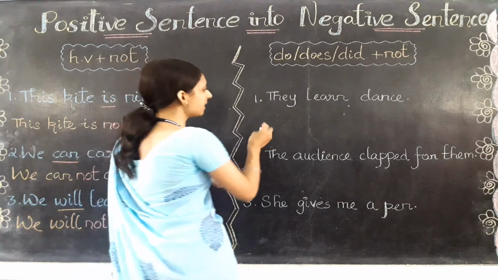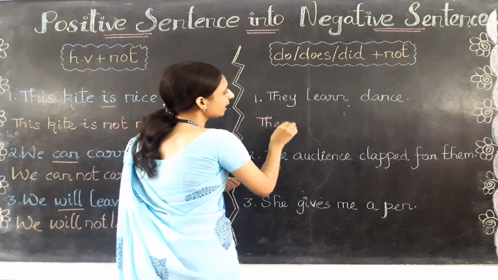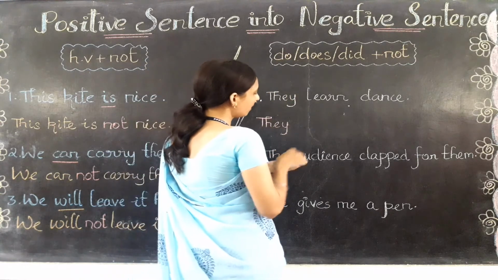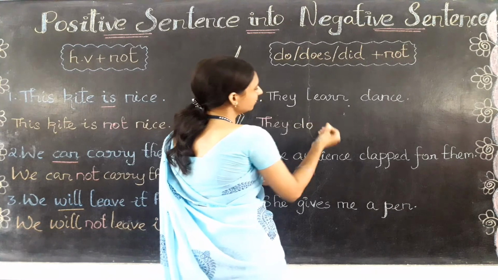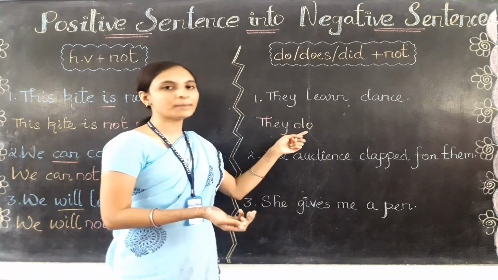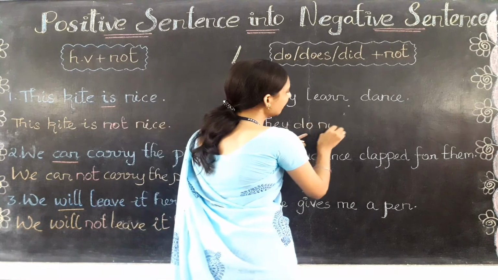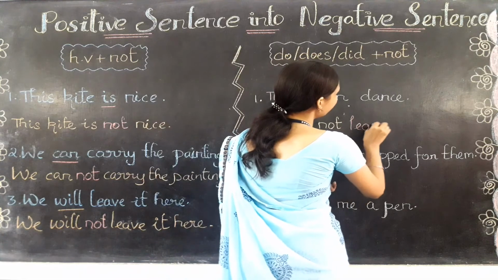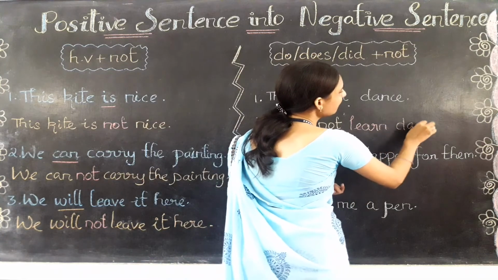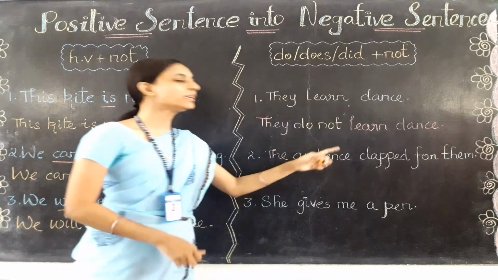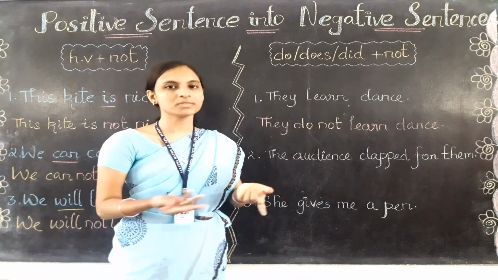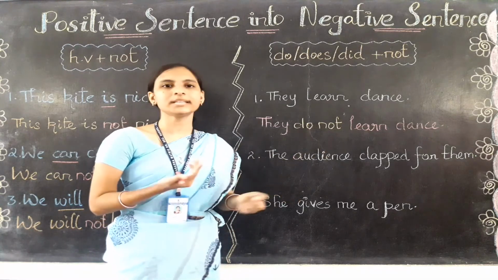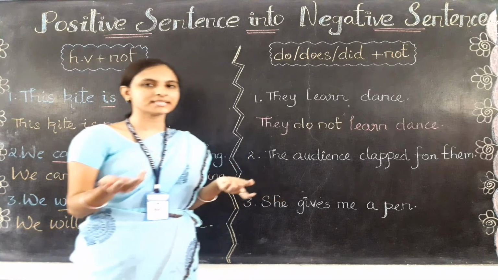So the answer will be: they do, then not, to show the negative sentence. They do not learn dance. All the other words will come as it is. They learn dance means அவங்க வந்து டான்ஸ் ஆடுறது கத்துட்டு இருக்காங்க. They do not learn dance means அவங்க டான்ஸ் ஆட கத்துக்கல. Okay, that is the meaning.